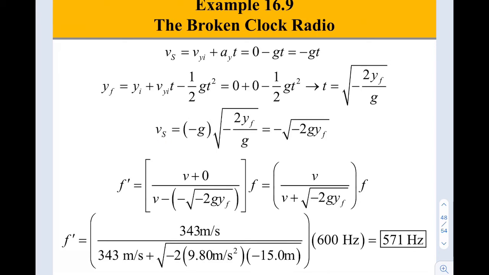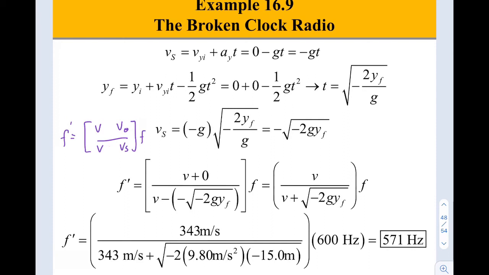Now this is your V source, your alarm. So the frequency heard by you is equivalent to, originally, the frequency is v of the sound plus or minus v of the observer, over v of the sound, plus or minus v of the source, times the frequency of the source.